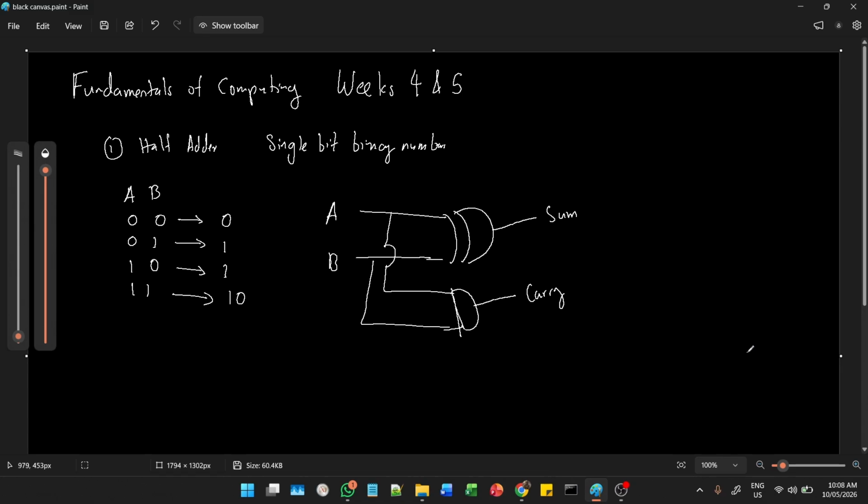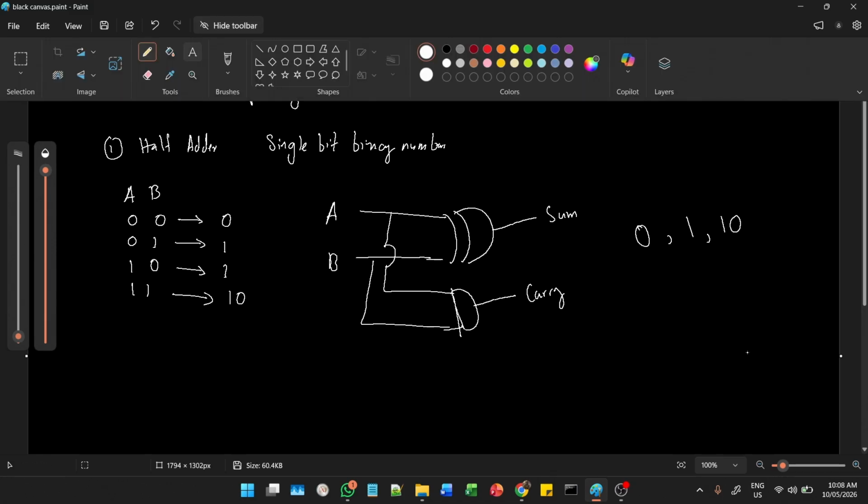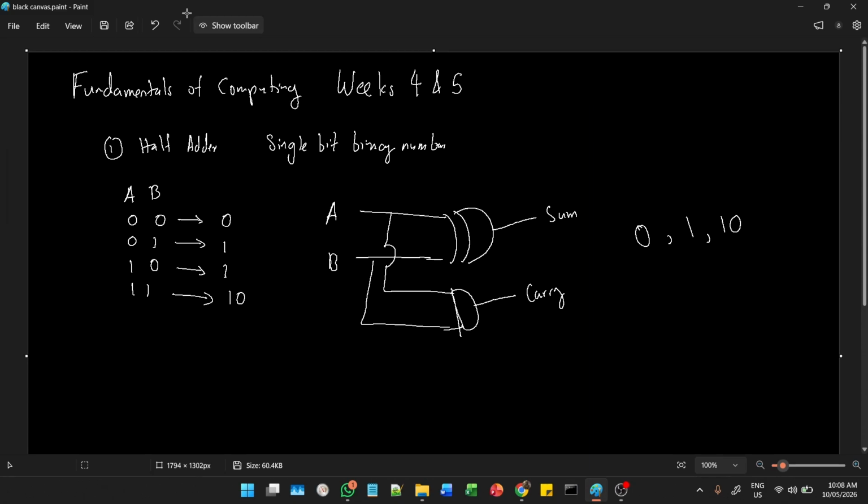This is how the circuit works. We can only form three outputs out of this. We can get either a 0 or a 1 or a 10, right? I want you to remember that this is a carry, okay? It carries over a 1 to the other side.